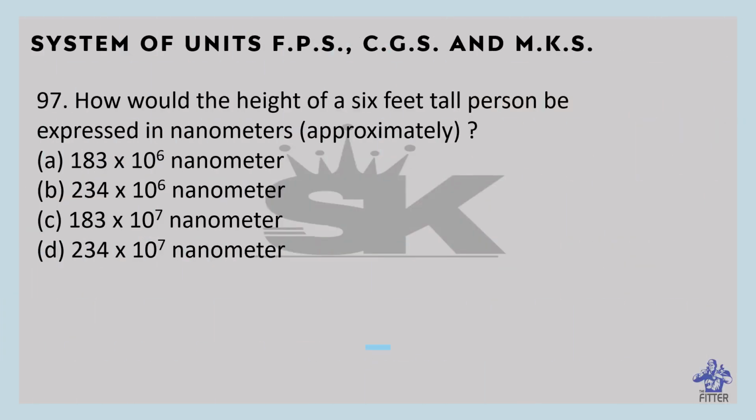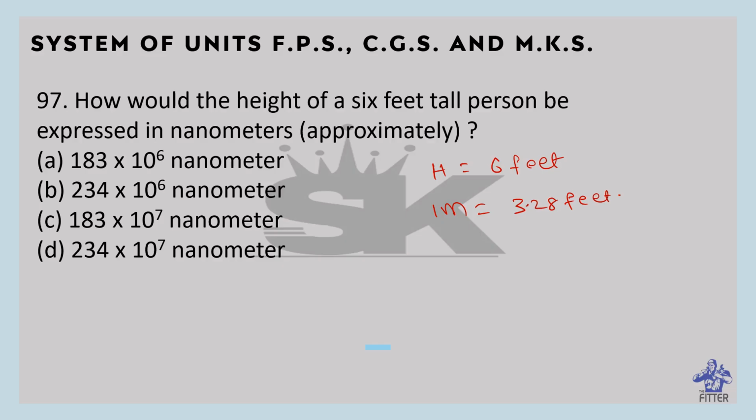How would the height of a 6 feet tall person be expressed in nanometers? So we will calculate. Okay. Height of a person is 6 feet, right? So 1 meter equals to 3.28 feet.